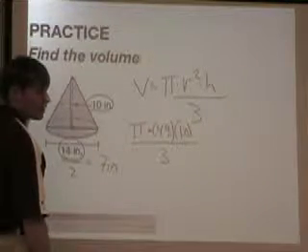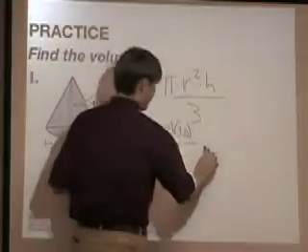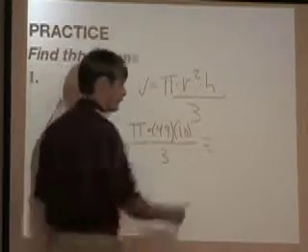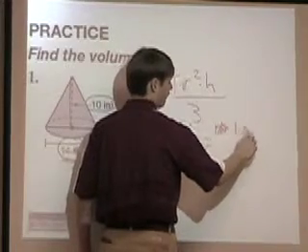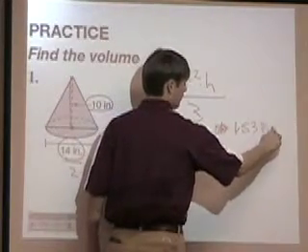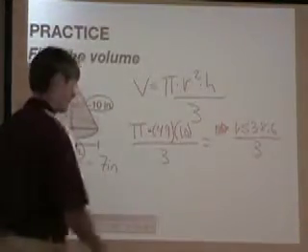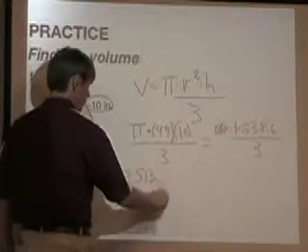And then tell me what you get on the top. What's pi times 49 times 10? 1,538.6. Now divide that by 3 and tell me what you get. 513.1.